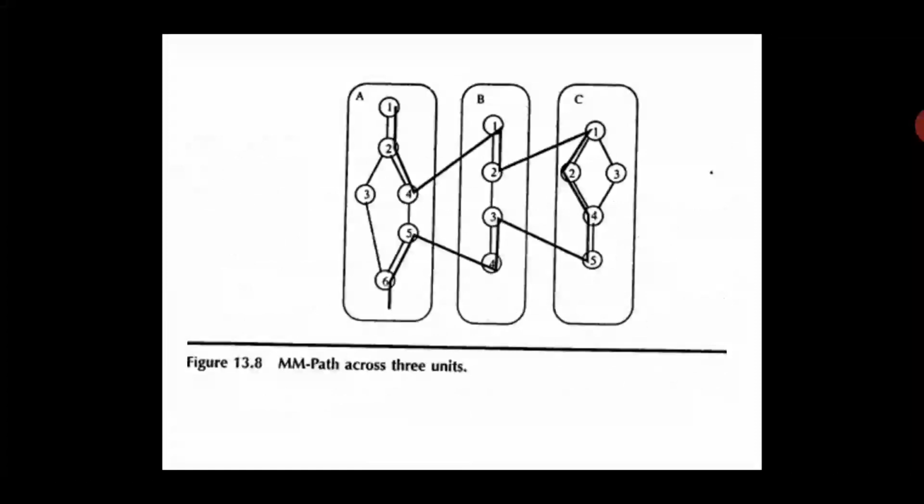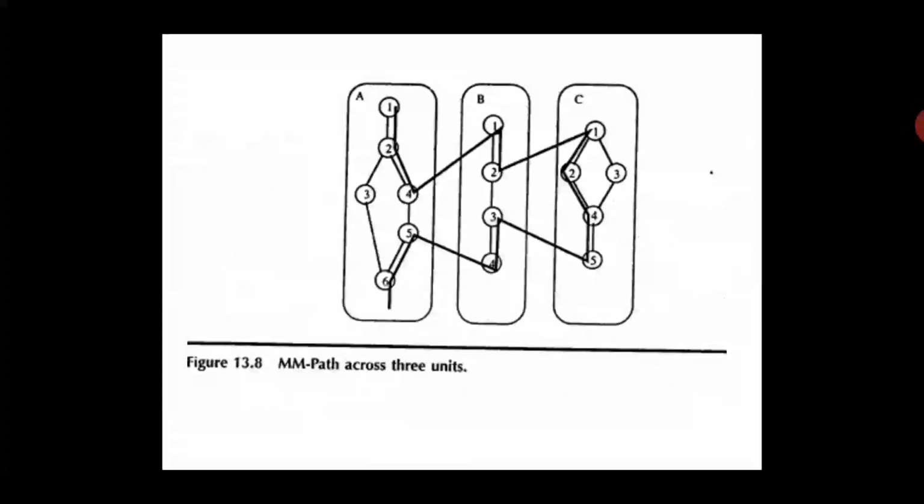So A1, A2, A3, A1, A2 is the execution. After executing A2, it will directly go to A4. Instead of going to A5, there is actually a call from A to B. That's why it will directly go from A4 to B1, the first node of B. Again, there is a call to C, so it will directly go from B2 to C1.